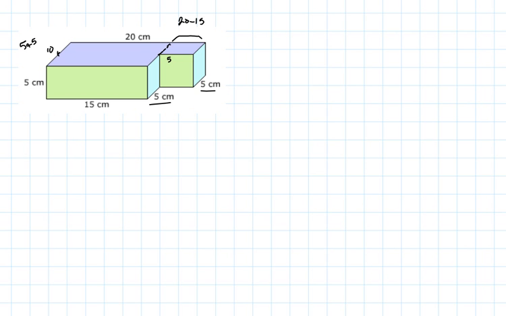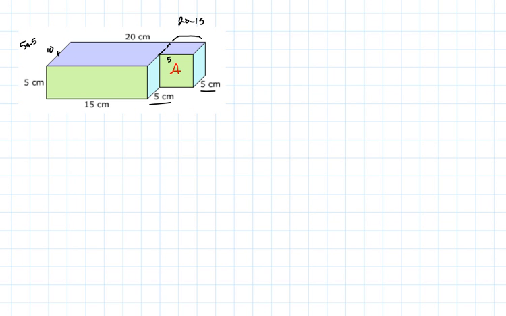Okay, so now that we know the lengths of the sides that we need to measure this surface area, let's look at the shapes of the faces. Since we have a rectangular prism and a cube, you can name the faces. You have 6 faces really, with 3 unique faces in each 3D shape.